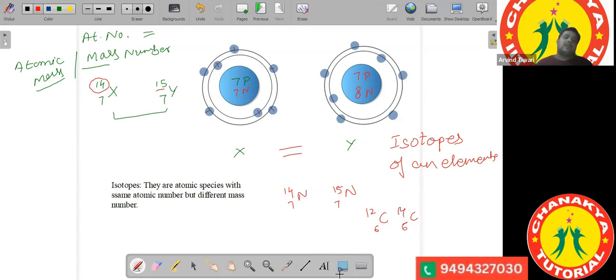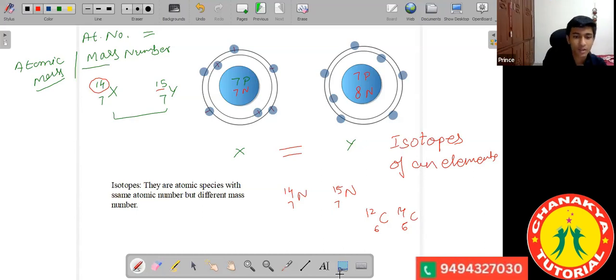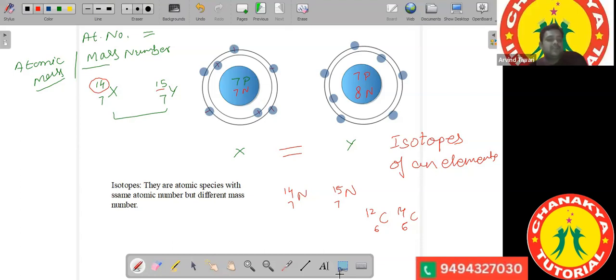Okay. So what are isotopes? Prince, what are isotopes? They are atomic species with the same atomic number but different mass numbers, right? Such species are called isotopes.